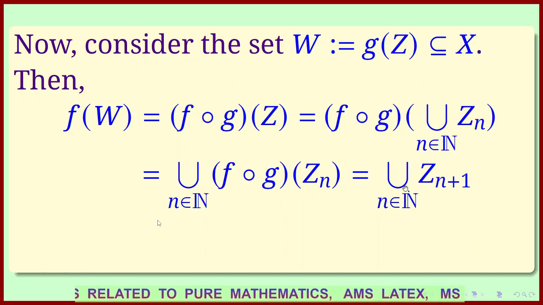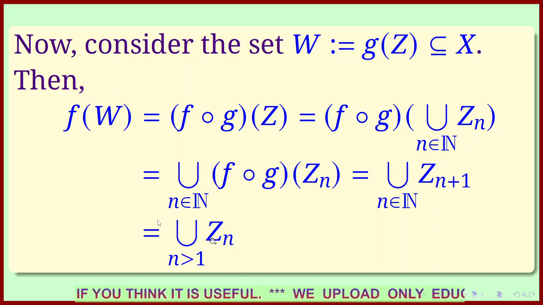So this union is n going from 1 to infinity, but practically the suffix of z, if you see, is going from 2 to infinity: 2, 3, 4. Okay, n plus 1 is not equal to 1. It is always greater than 1. Therefore, this union is actually equal to this union. You can write it as zn where n is strictly greater than 1.